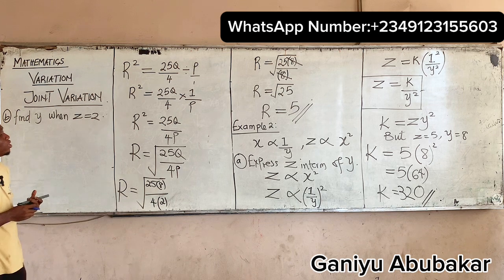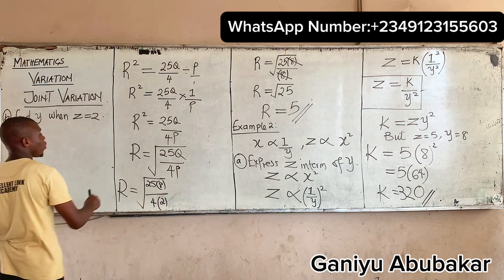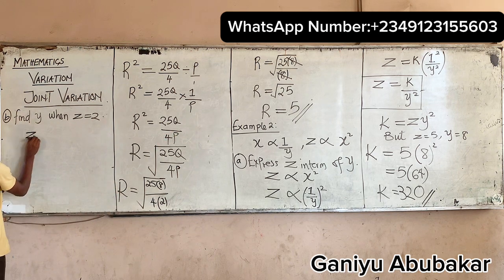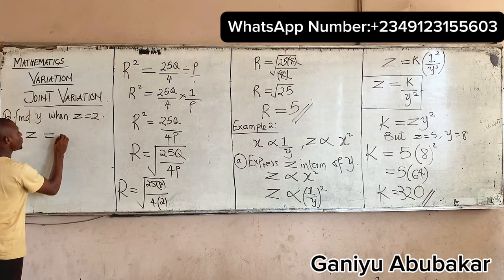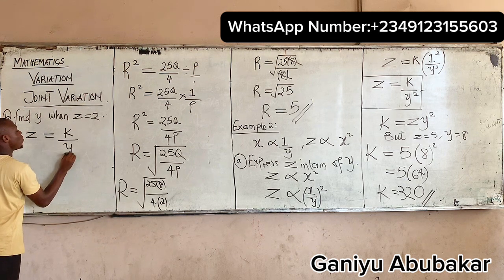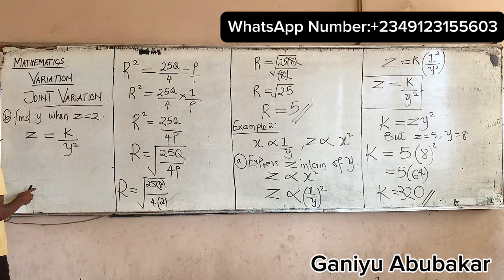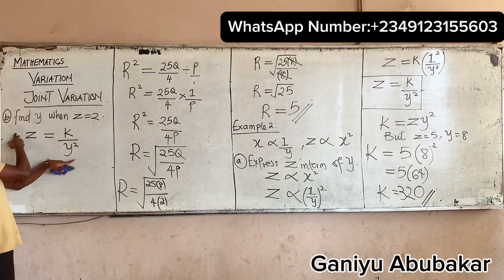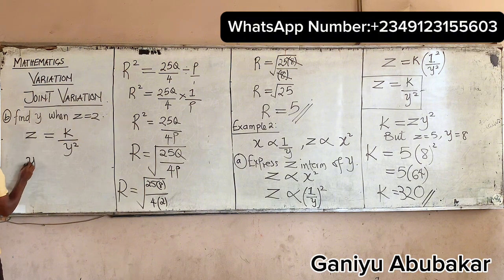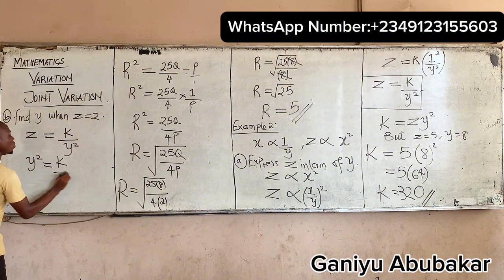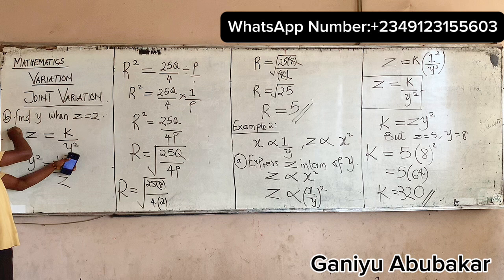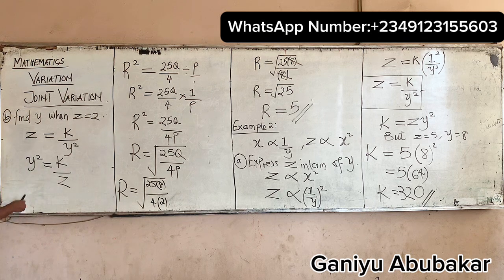No problem. Go back to the normal connection that says z is equal to k all over y squared. I'm looking for y, so just swap. Y squared becomes equal to k over z. Mind you, I'm not looking for y squared, just ordinary y, so I'll take the square root of both sides.